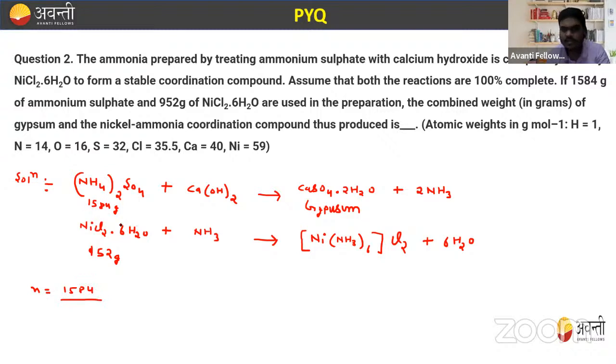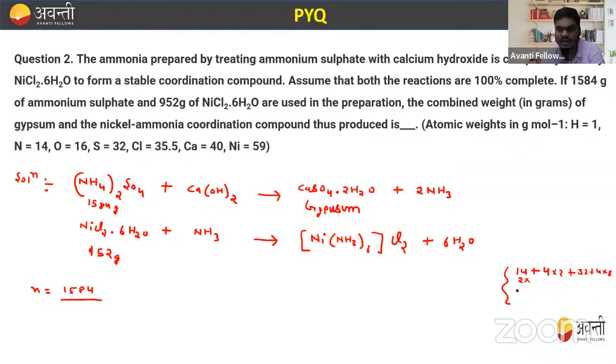So what is the molecular mass of ammonium sulfate, beta? It is equal to N, which we know is 14, already given, and H4. H4 means 4, and this is twice, so it will be 2 times 14, and 4 into 2. Now sulfur is 32, and oxygen is again 4 into 16.